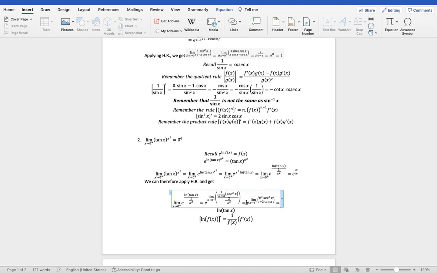Now I want you guys to tell me what's the derivative of the numerator here, x cubed times sec squared of x. Here you can apply the product rule. So apply the product rule and tell me what you get.